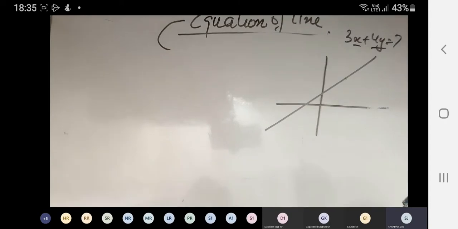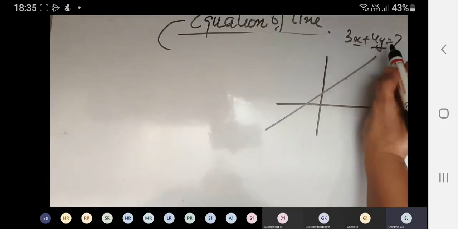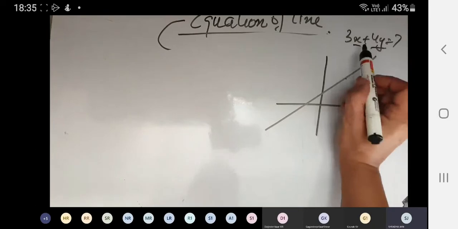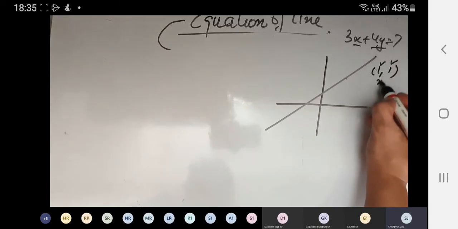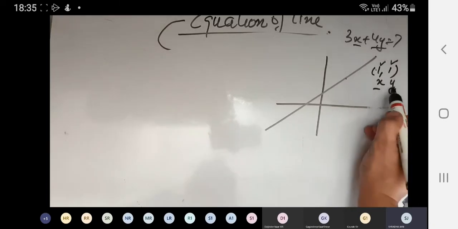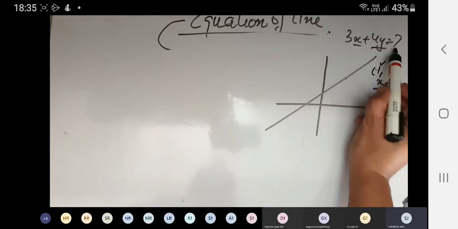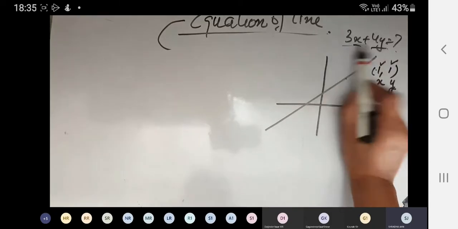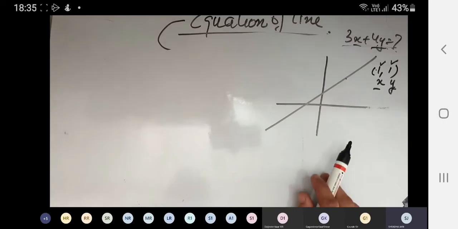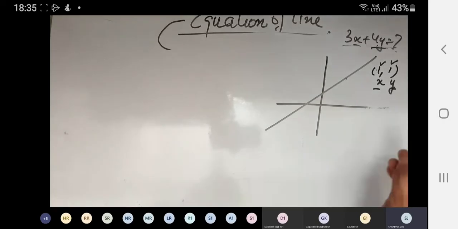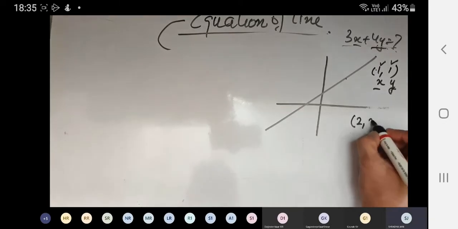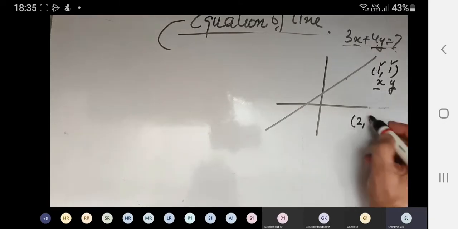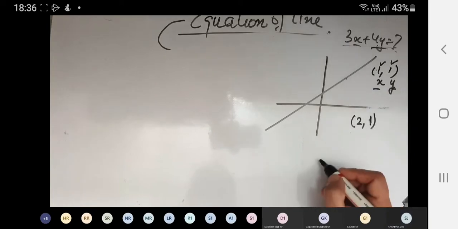X and y represent all the points on the line. If I'm saying 1 and 1, the x coordinate and y coordinate are related to each other in a certain manner, in a certain relation. That relation is called the equation of line. Say I say all the points have an x coordinate that is double the first.